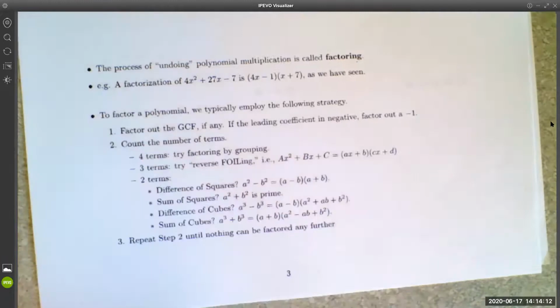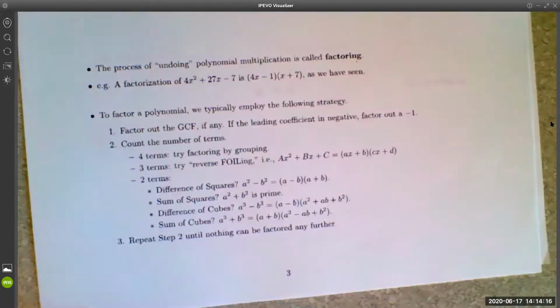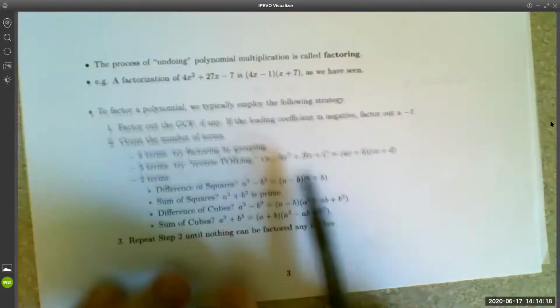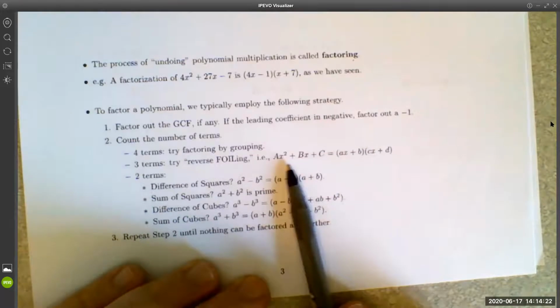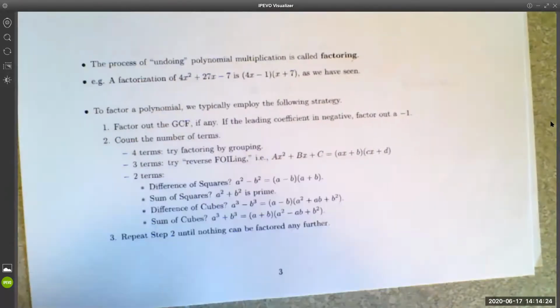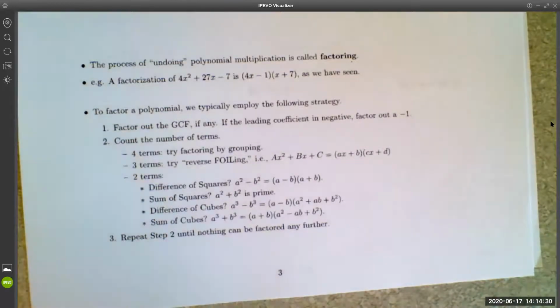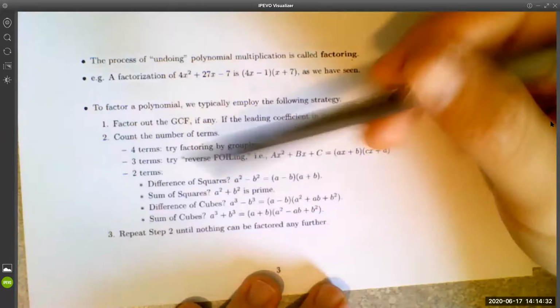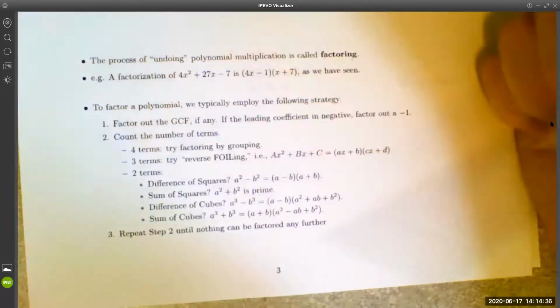That doesn't always work. If your leading coefficient is not 1, then it's a little more complicated than that. But still, I'm trying to think of 2 groups that when I multiply them out will give me the trinomial I'm starting with. And then finally, if there are 2 terms in my polynomial, then I can ask myself if the binomial is a special binomial of some kind.